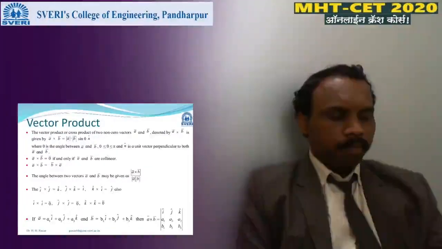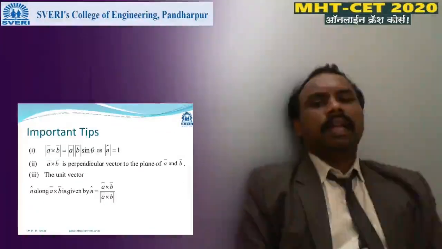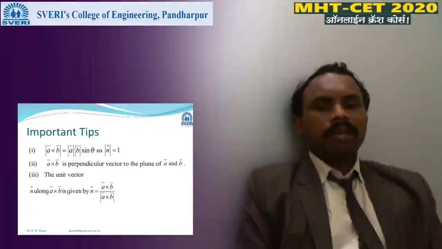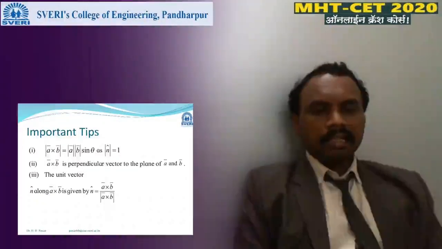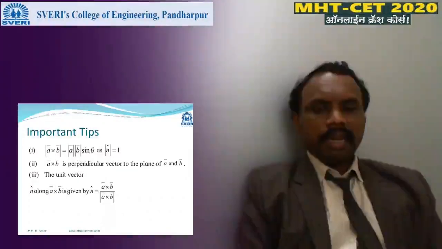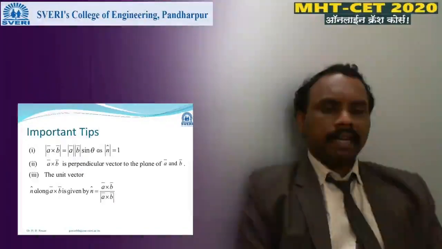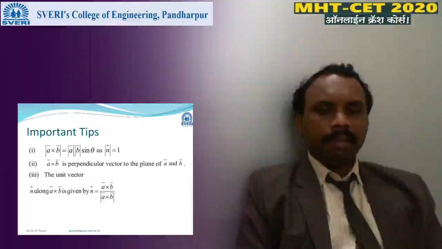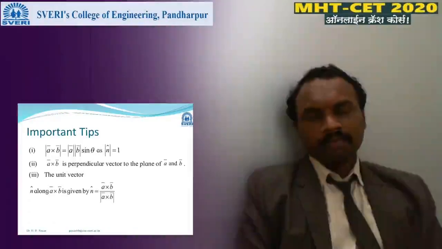Now we'll see some important tips. Modulus of a bar cross b bar is equal to mod a bar mod b bar sin theta, as modulus of n cap is equal to 1. Also take a note that a bar cross b bar is a vector perpendicular to the plane of a bar and b bar, or some also call it a vector normal to the plane of a bar and b bar.